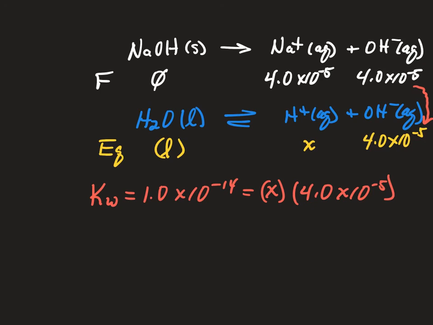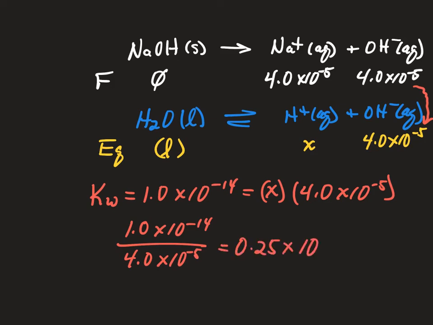So if we solve this, 1.0 times 10 to the minus 14 divided by 4.0 times 10 to the minus 5 equals 0.25 times 10 to the minus 9, which is equal to 2.5 times 10 to the minus 10.